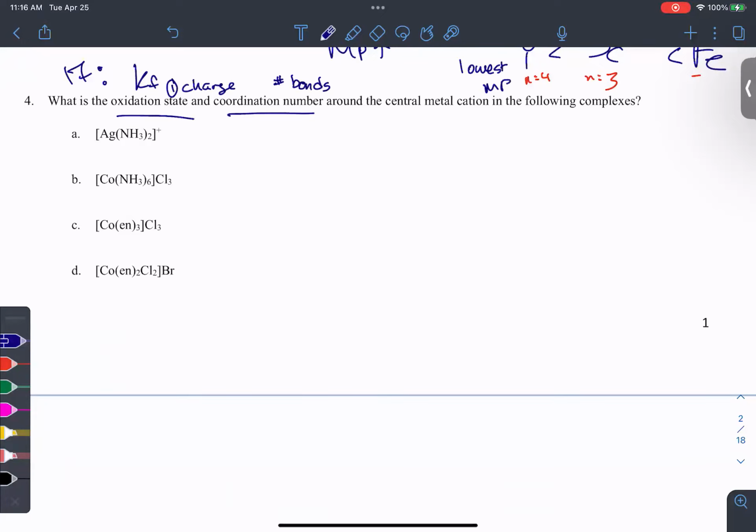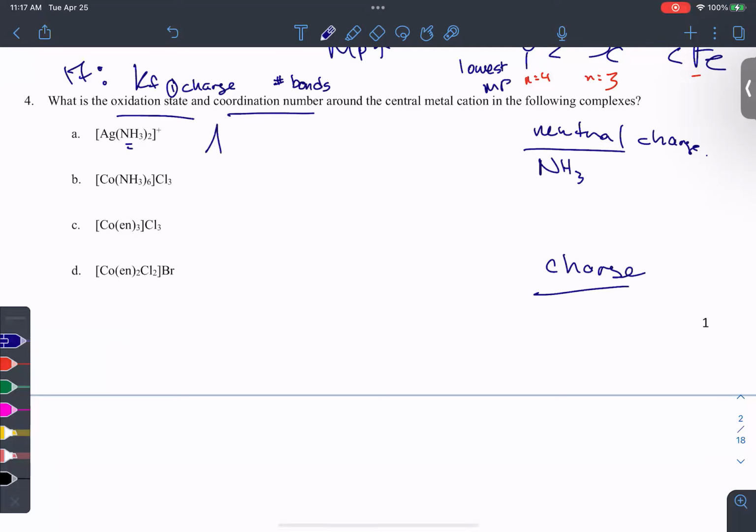So when we think about ammonia, what charge is ammonia? Is it charged? No, it's neutral. So ammonia is an example of a neutral ligand. If there are two ammonias attached to that silver, what is the charge of that silver? Silver plus, that's it.